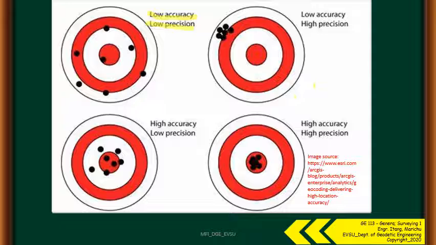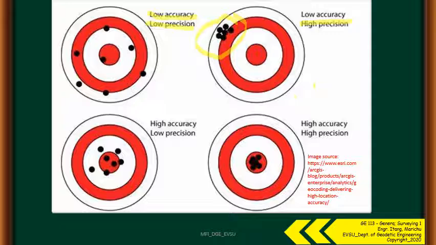Okay. While here, high precision siya because itong isang grupo, which means conformity yung mga measurement niya. Yung mga measurement niya, 1, 2, 3, 4, 5, 6 tries niya, is with conformity and consistency yung kaniyang values.